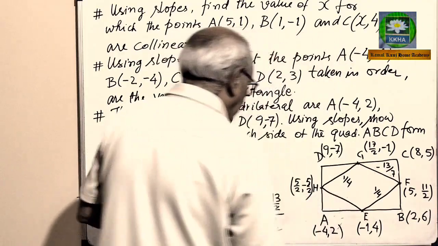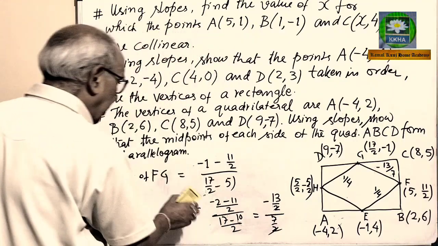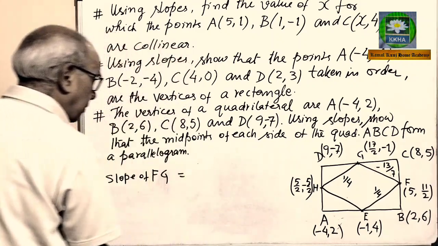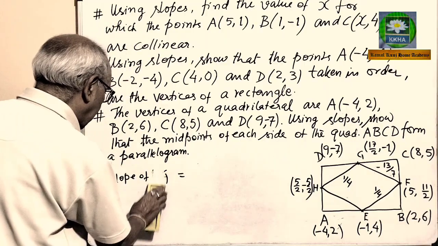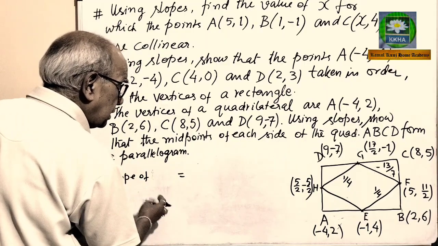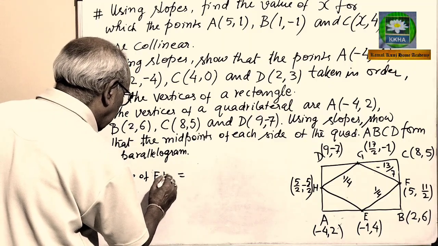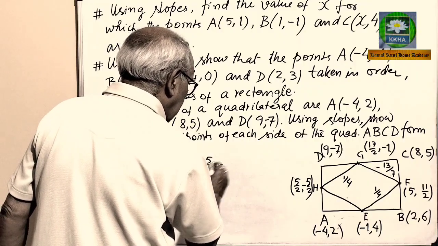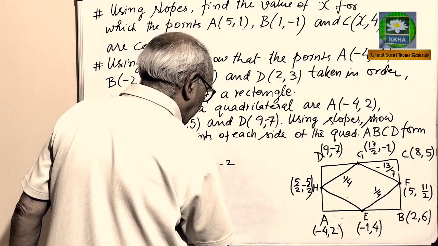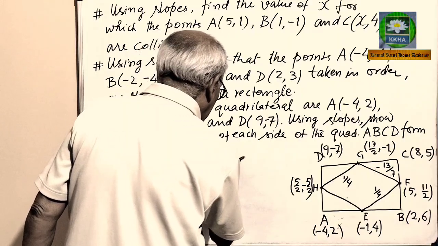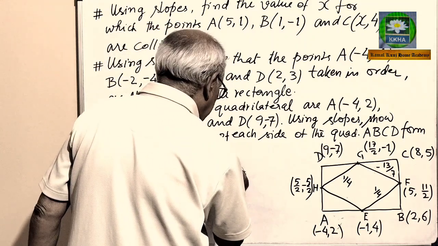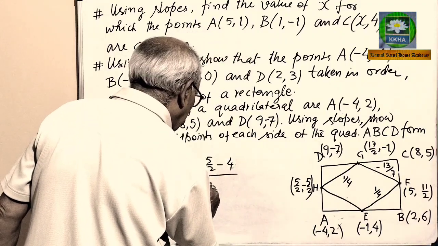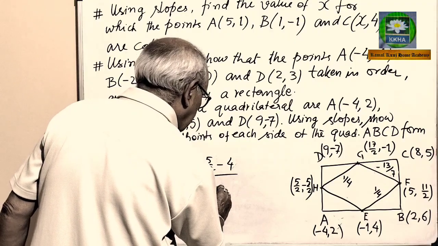Now let us find the slope of EH. Slope of EH is minus 5 upon 2 minus 4, divided by x2 minus x1, that is 5 upon 2 minus (-1), which means plus 1.